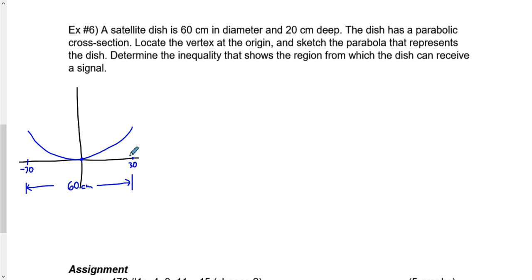It also says that it's 20 centimeters deep. So there would be 20, which means we have a point 30, 20. So far, so good. Well, I hope so.